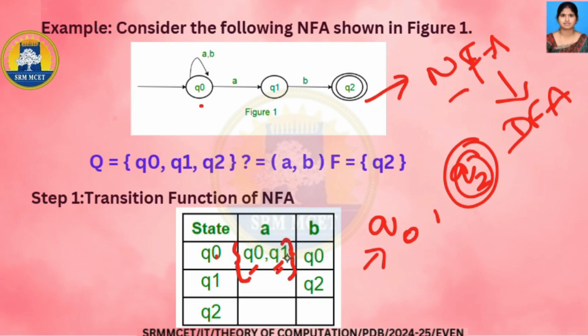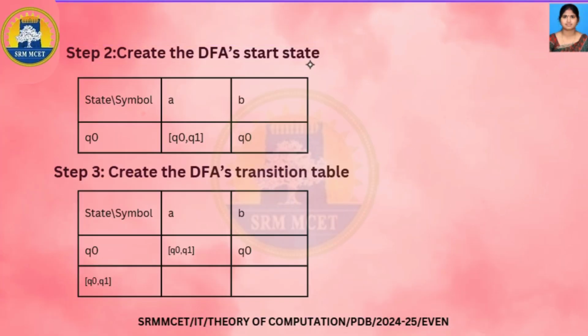Using a single input, there may be multiple transitions in an NFA. Likewise, Q0 using B transitions to Q0 itself, and Q1 with the input A has no transition, so we mention it with the null symbol. Q1 using the input B transitions to Q2. For Q2, there is no transition with any input, so we mention it with the null symbol. Next: create the DFA start state.